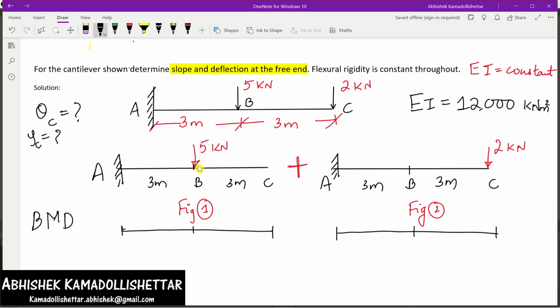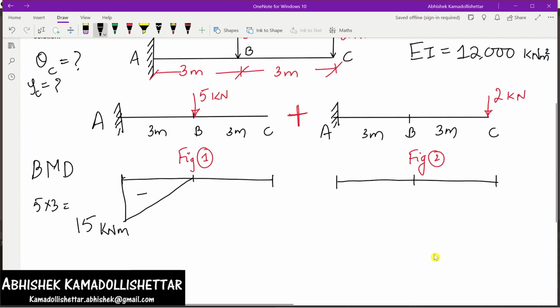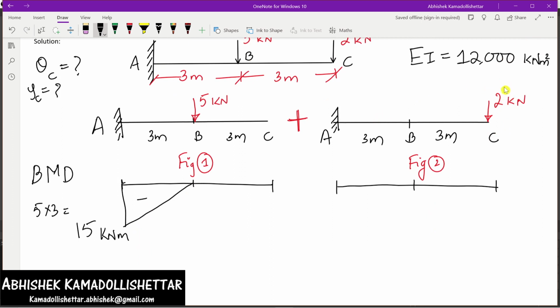So now the bending moment diagram: the bending moment value is 5 into 3, 15. 5 into 3 is 15 kilonewton meter. Let me write even the unit here, with a minus sign. Similarly here, you can see the 2 kilonewton is acting at the free end.